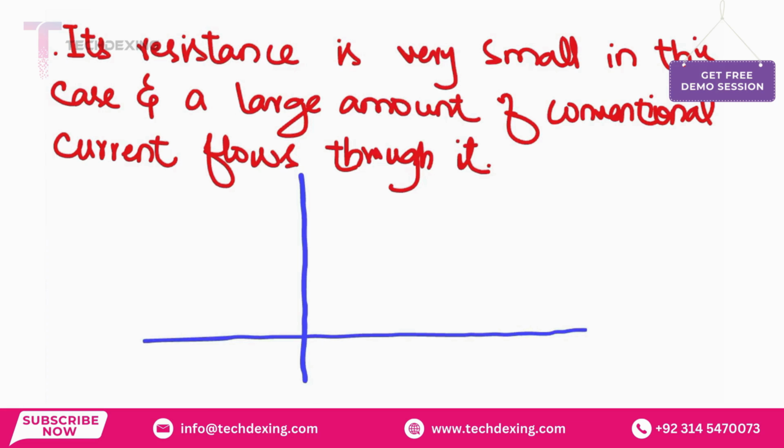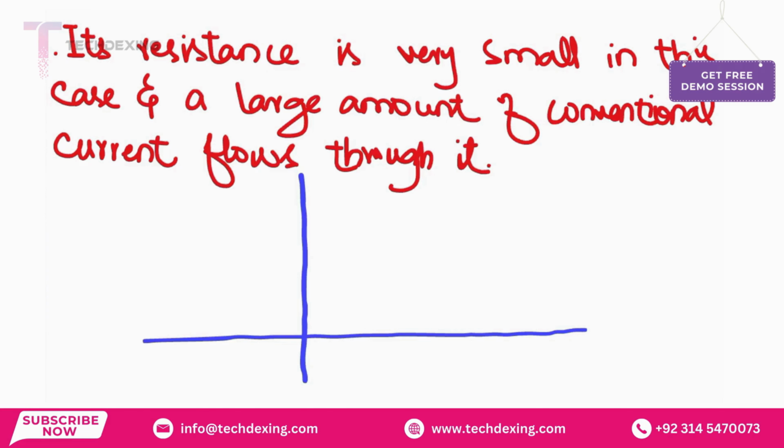So this is the manner in which we are going to plot the IV curve for the semiconductor diode. If the diode is forward biased, how would the diode behave, or how would the IV curve be produced?